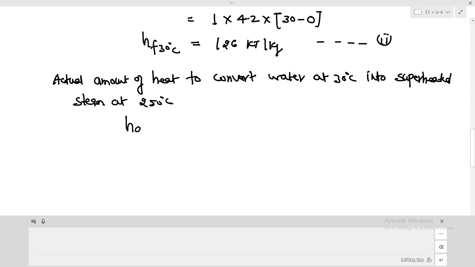So this will be H actual, and this will be H total minus enthalpy of water at 30 degrees Celsius, kilojoule per kg.